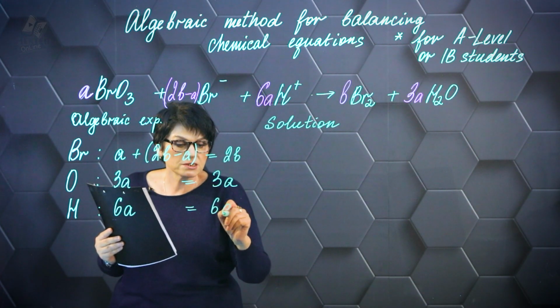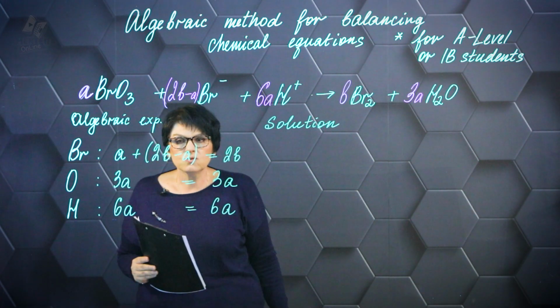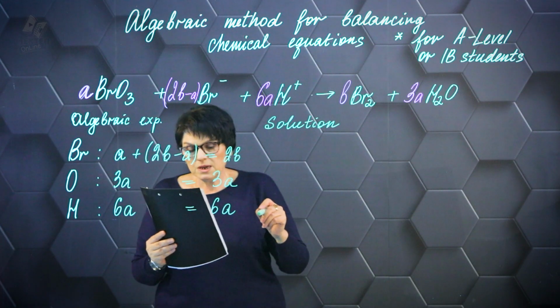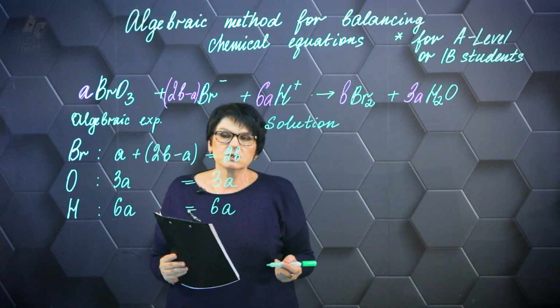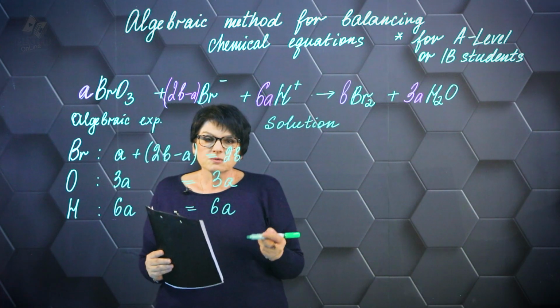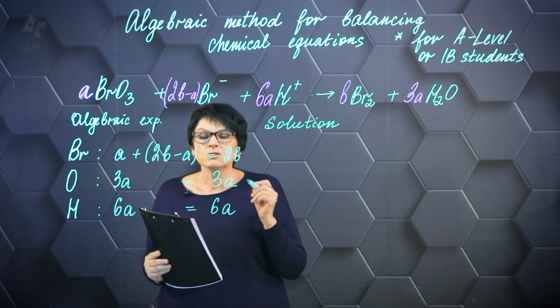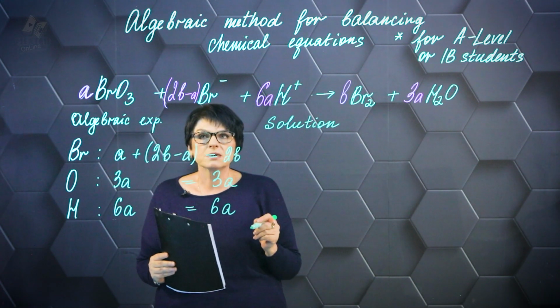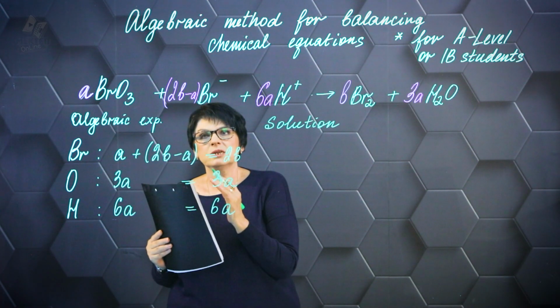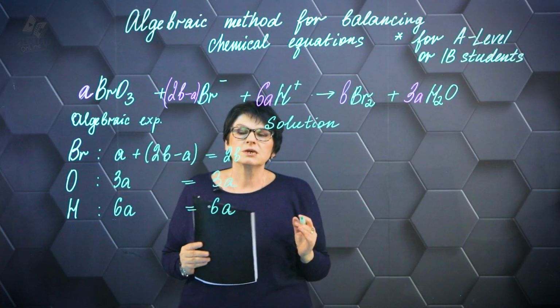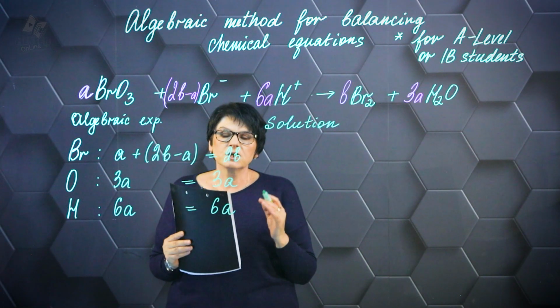Now, what equation are we going to start from? We're going to start from this one here. What's unusual about this equation? It would seem that how can we calculate from here? But there's a pattern that as much as we have the sum of charges on the left side, the same amount should be the sum of charges we get on the right side.